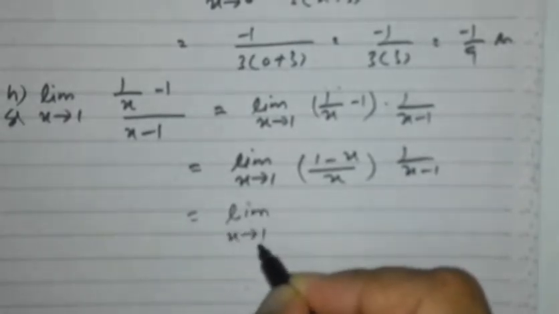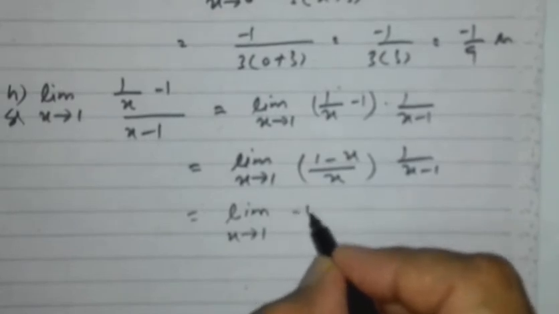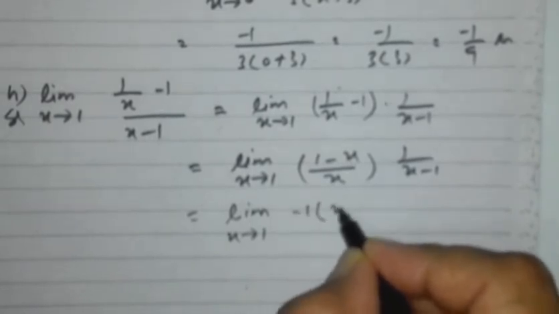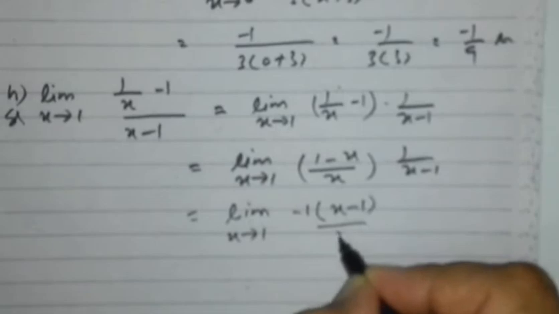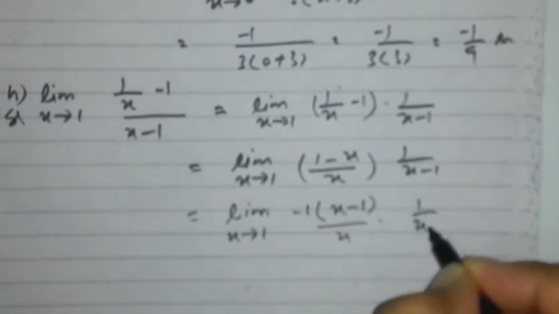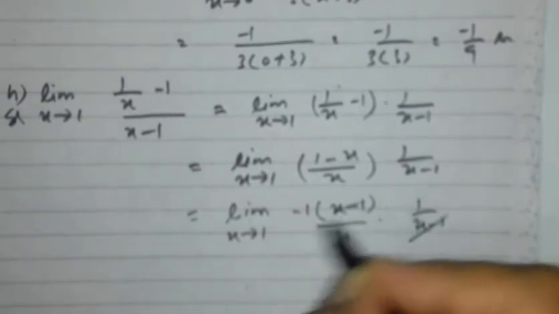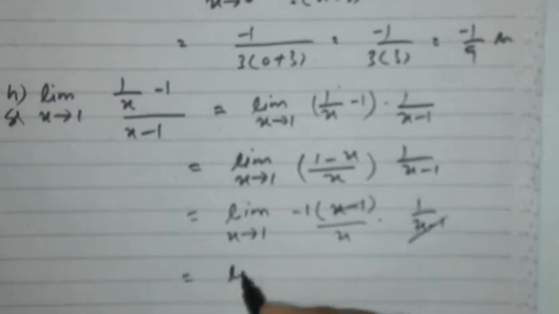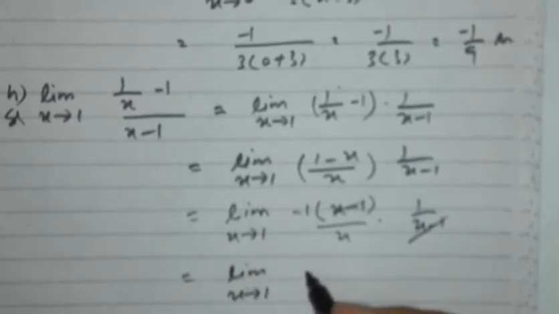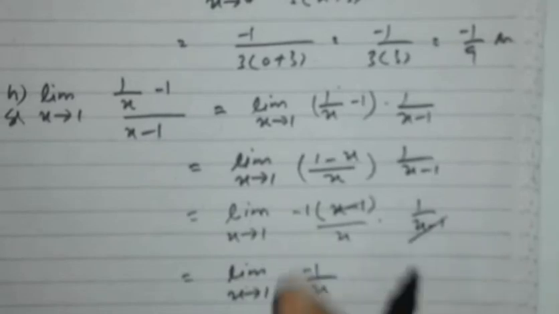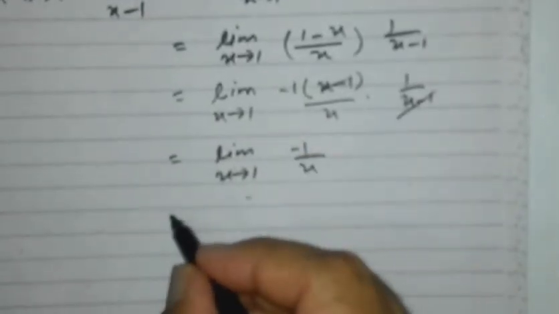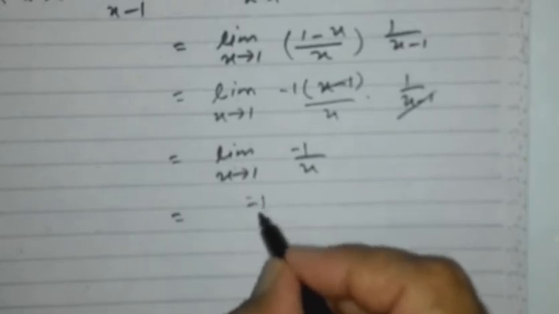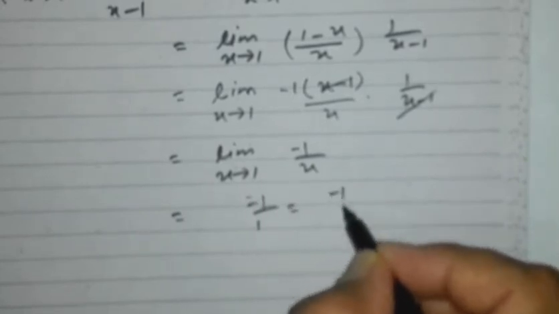Limit x tends to 1, minus 1 common, so we can write it as x minus 1 divided by x into 1 over x minus 1. This x minus 1 cancels with this. We get limit x tends to 1, minus 1 over x. Now put the limit value here. So minus 1 divided by 1, which is equal to minus 1, is the answer.